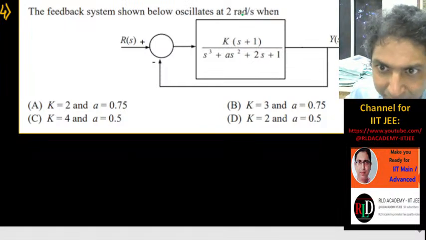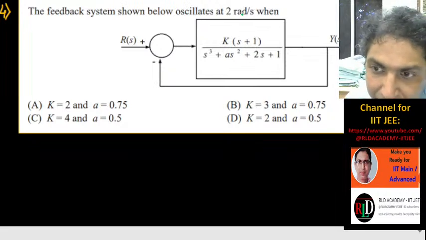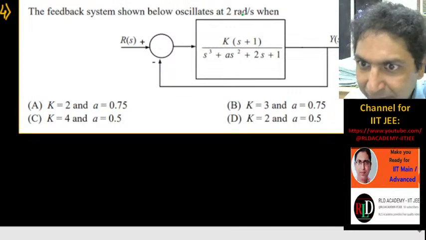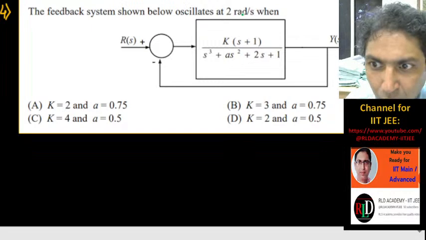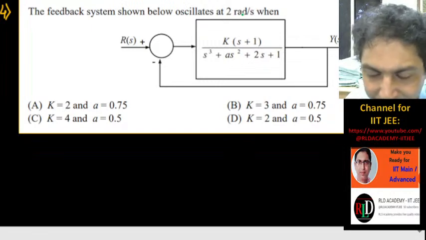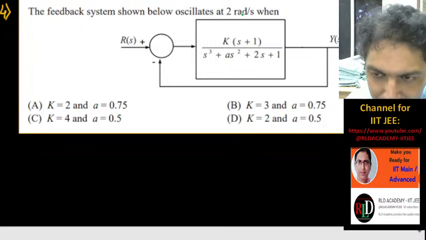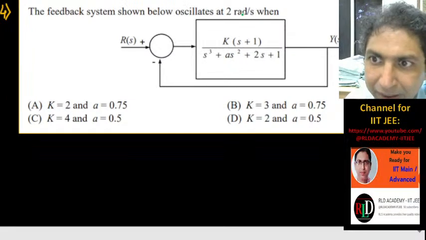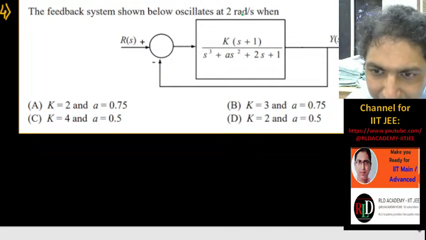Again a similar kind of approach, meaning you should have the roots perfectly on the imaginary axis, then only it will oscillate. That is the meaning. And this is a third order system, so one root will be on the left hand side, that is fine, but the other two roots should be conjugate roots, and that frequency will be 2, meaning s equals plus j2 and minus j2.